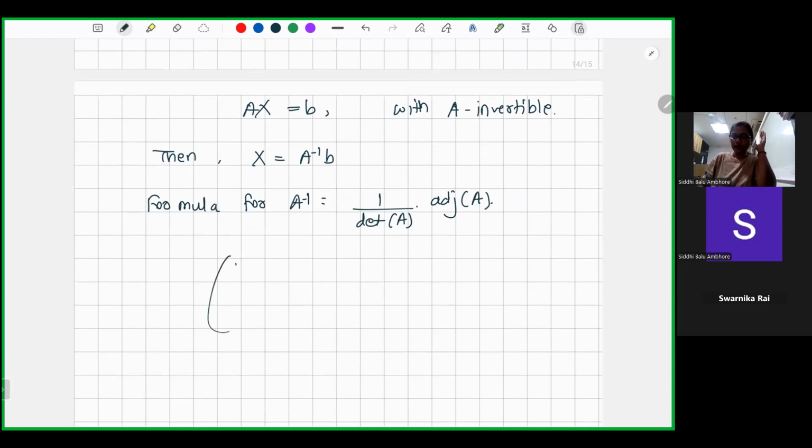This is again a matrix where the ijth entry is the determinant after removing the ith row and jth column. That's the adjoint matrix.